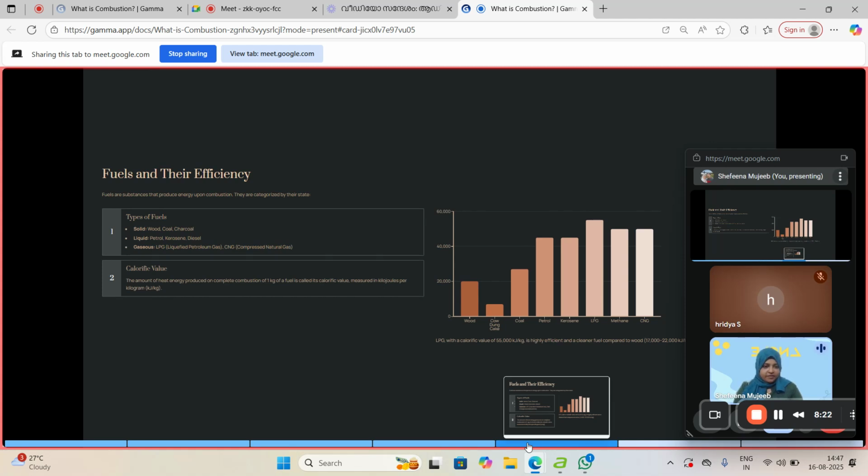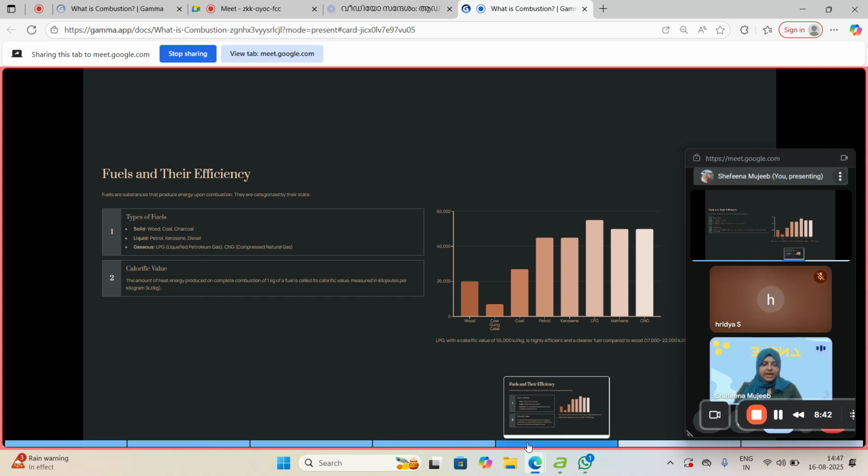Fuels and their efficiency. So we discussed different types of fuels, such as in the solid state, gaseous state, and liquid state. In the solid state, we are using coal, then charcoal, which we discussed in the last class, then wood, firewood.